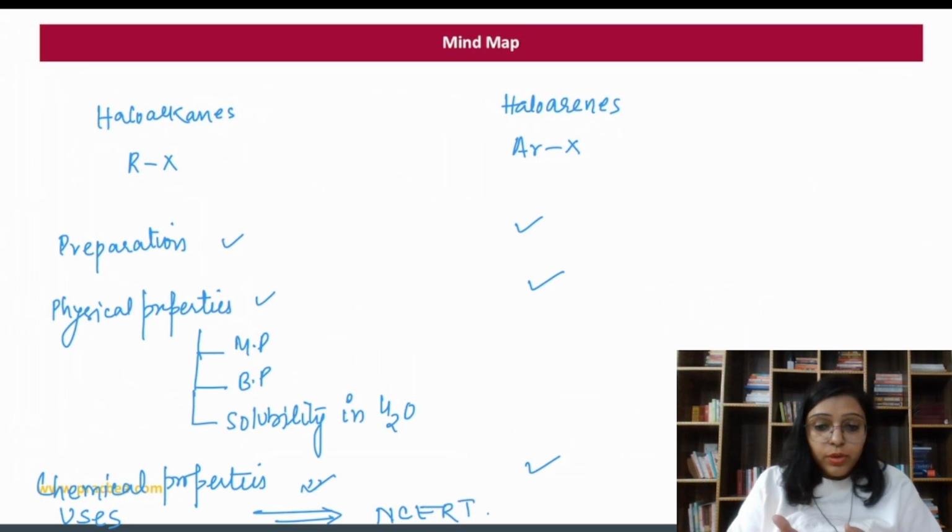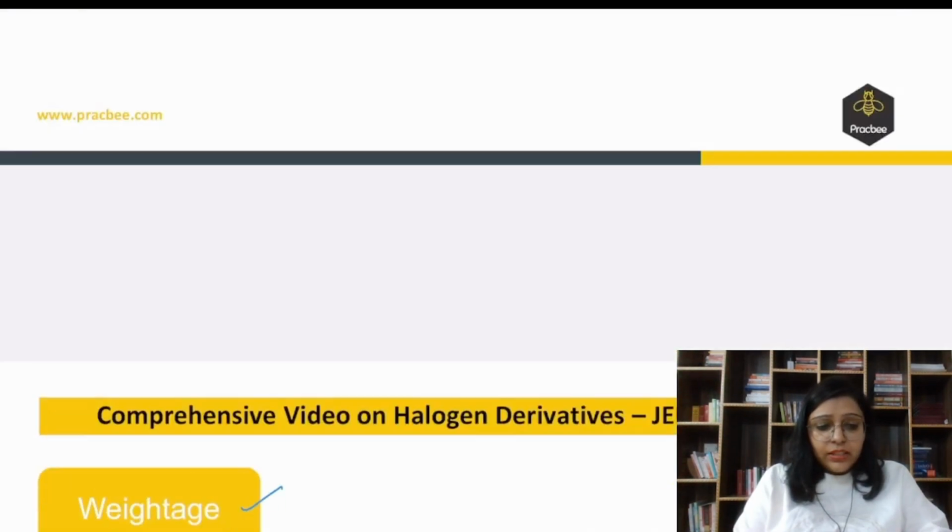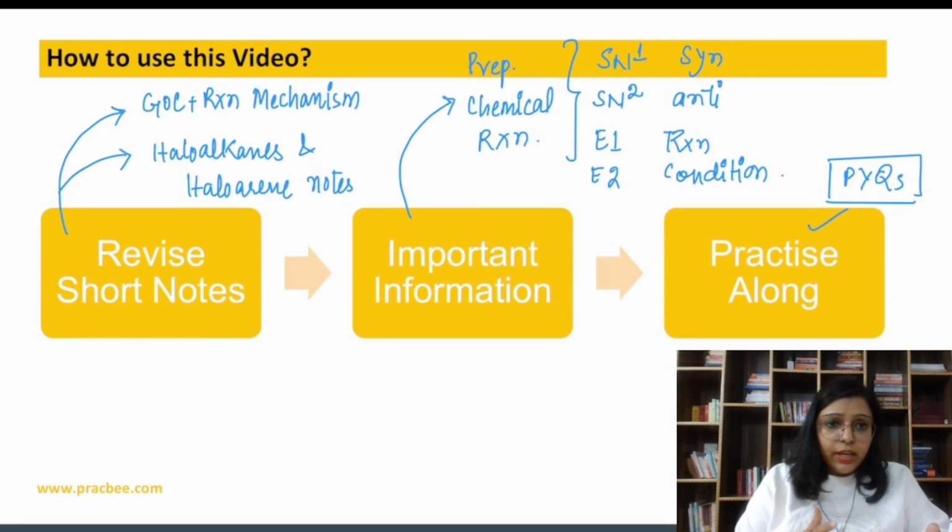And when you are solving questions, if you are a beginner and you don't know the correct way to attempt a question, just write down all the reactions: SN1, SN2, E1, E2, syn addition, anti addition, right?